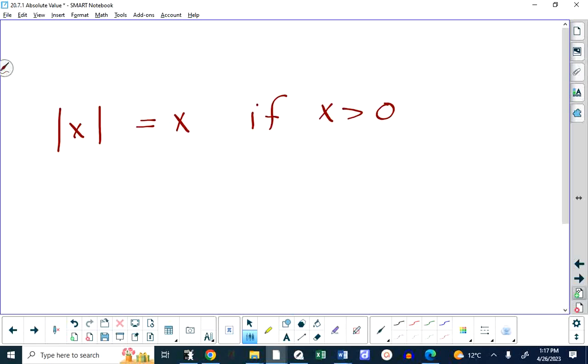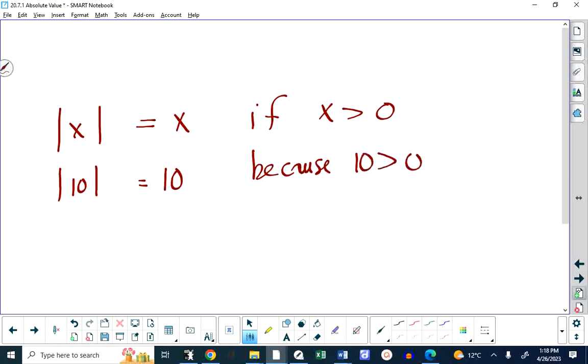Another way of saying this is, if this number inside is positive, you don't need the absolute value symbols. Right? This is saying the absolute value of 10 is 10 because this number is greater than 0.